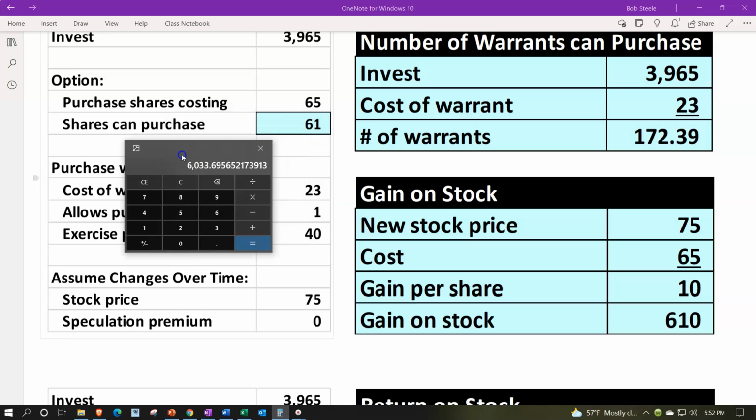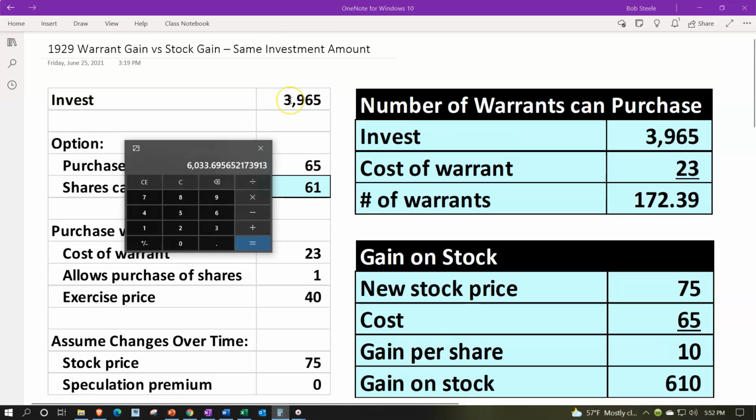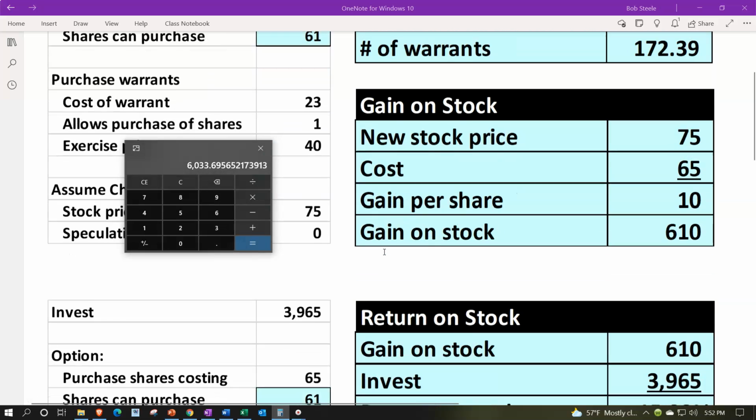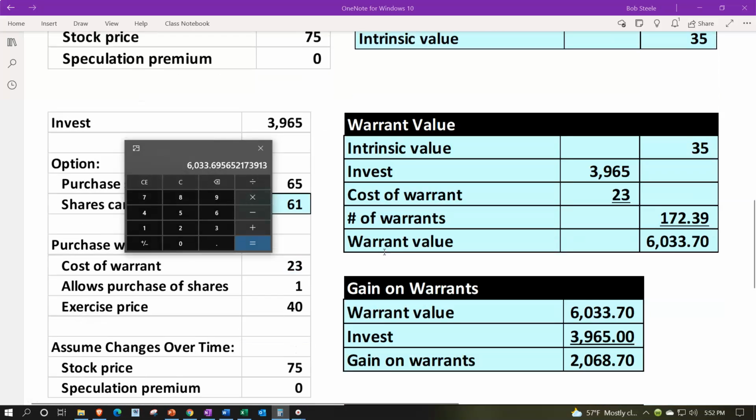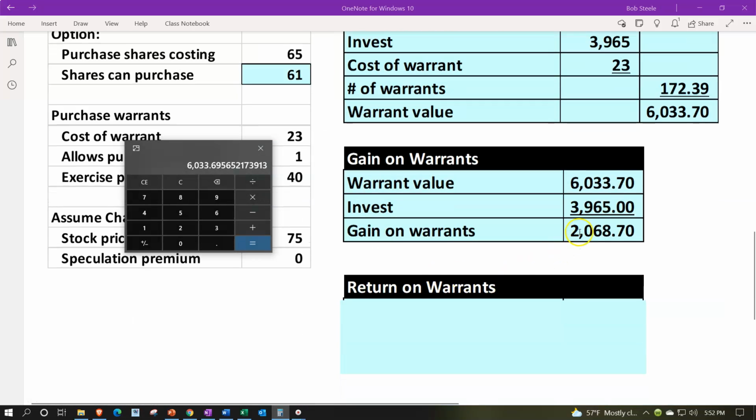But this time we had the same dollar amount that we purchased, and then we just purchased a different number of warrants versus stocks. We purchased more warrants because they're cheaper for the same dollar amount, and did that comparison, so we could see then the increase in the gain for the warrants due to the leveraging kind of effect.